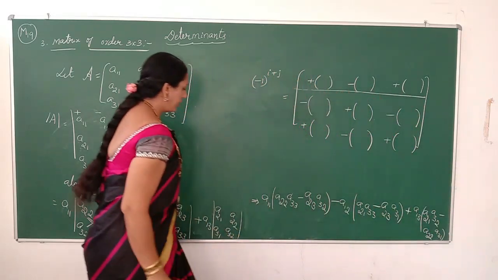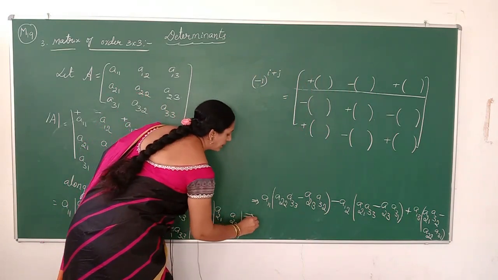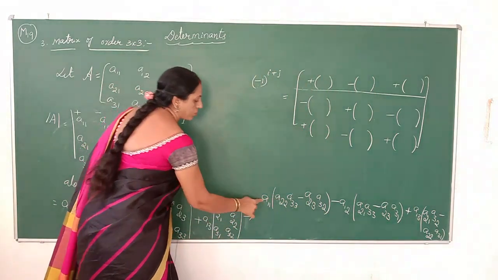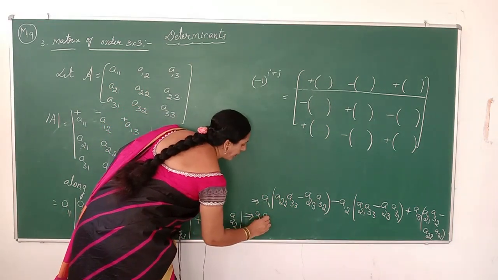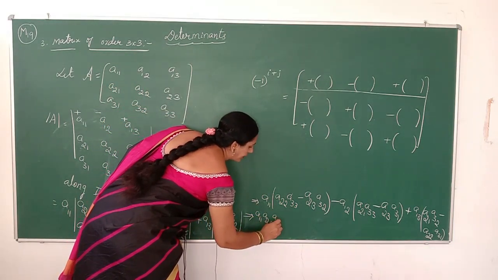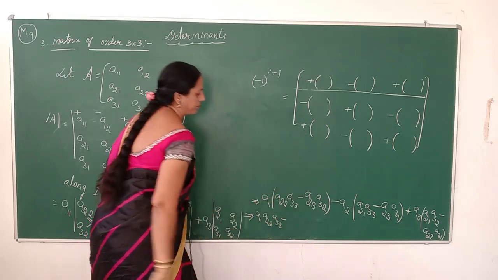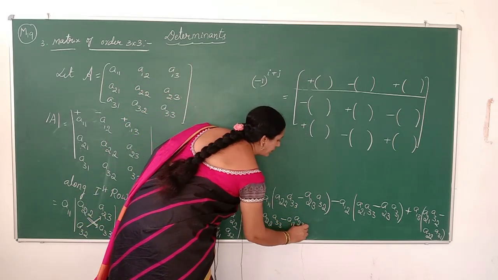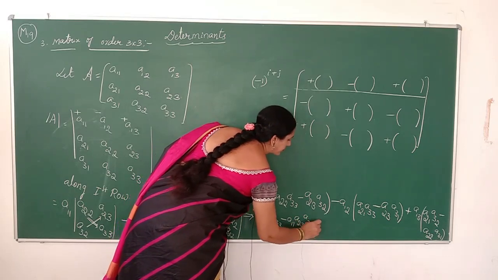After that, it is again simplified, means multiplied, by distribution using A11. So A11 A22 A33, that is the first element, minus A11 A23 A32.